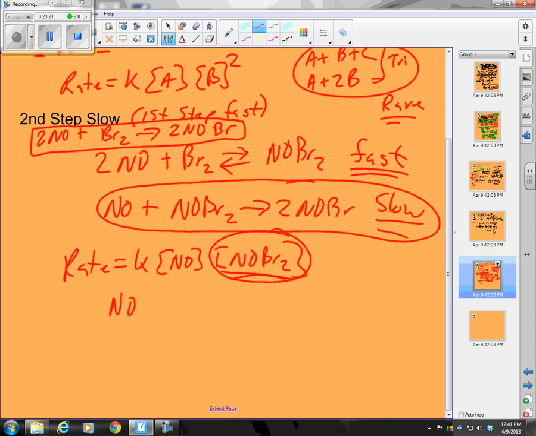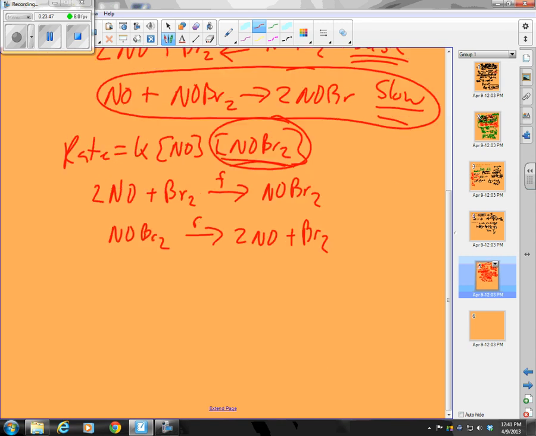I have 2NO plus Br2, my forward reaction, leading to NOBr2. But then I also have a reverse reaction, NOBr2 yielding 2NO plus Br2.